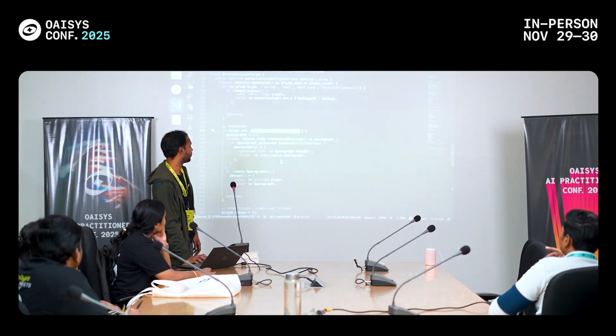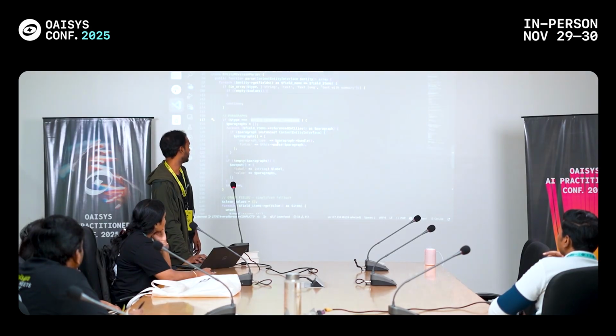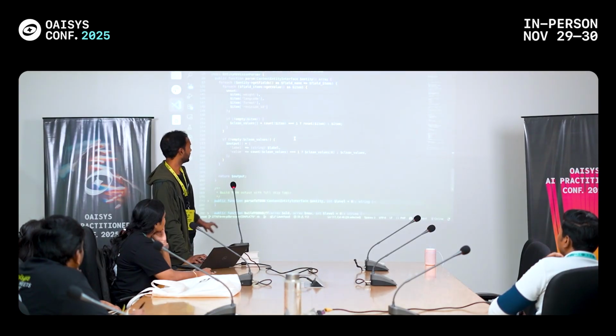In my case, we have three levels of nested paragraph items, so we recursively go through each item and process that information. Initially, we are preparing the information of the node revision.